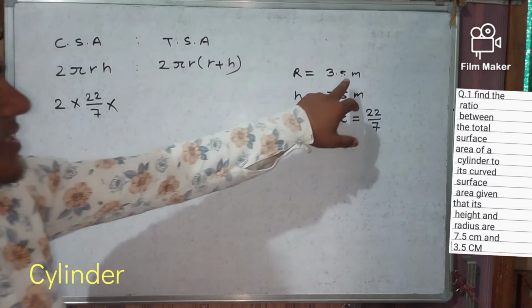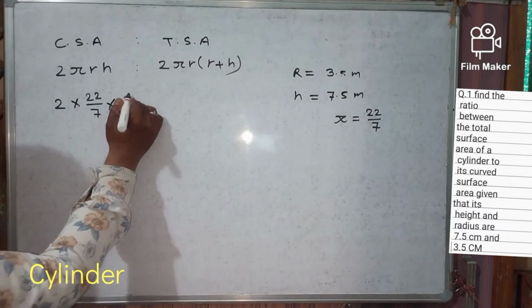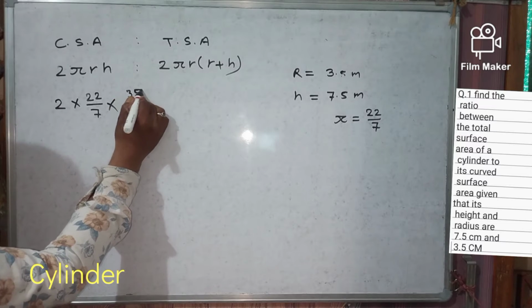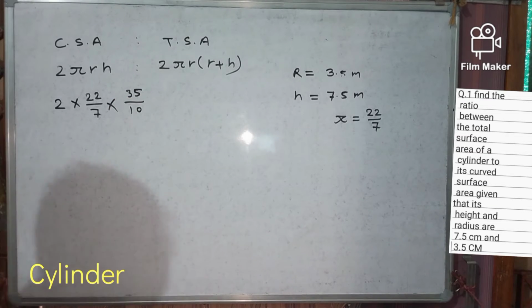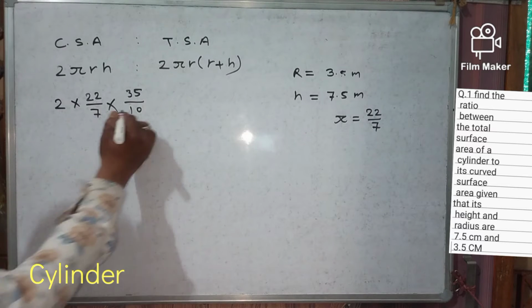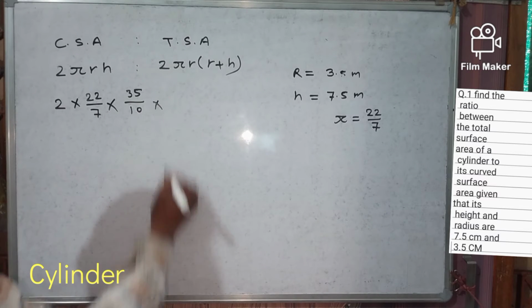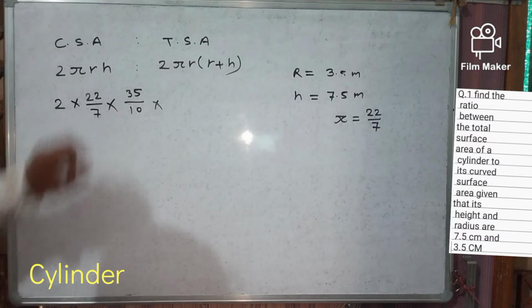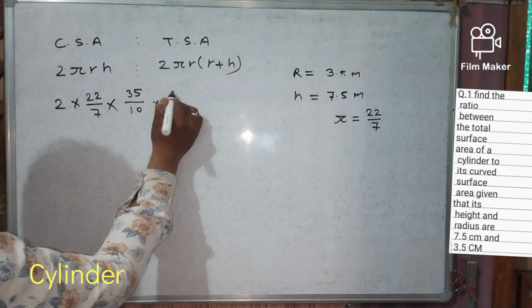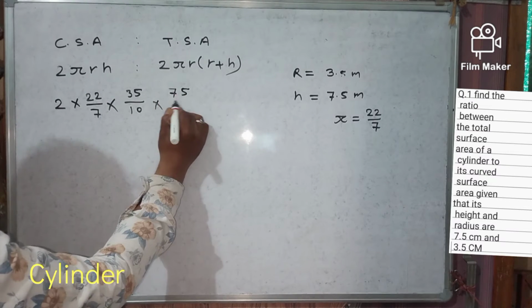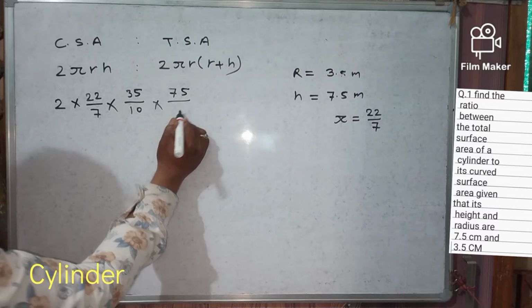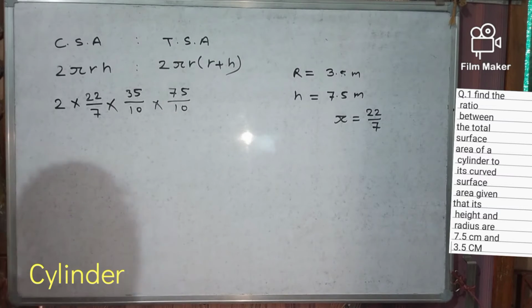Radius is 3.5, so we can write it as 35 by 10, because here is a decimal point, so we can remove it if 10 is here. Into h. Height is 7.5, so it will be 75 by 10.